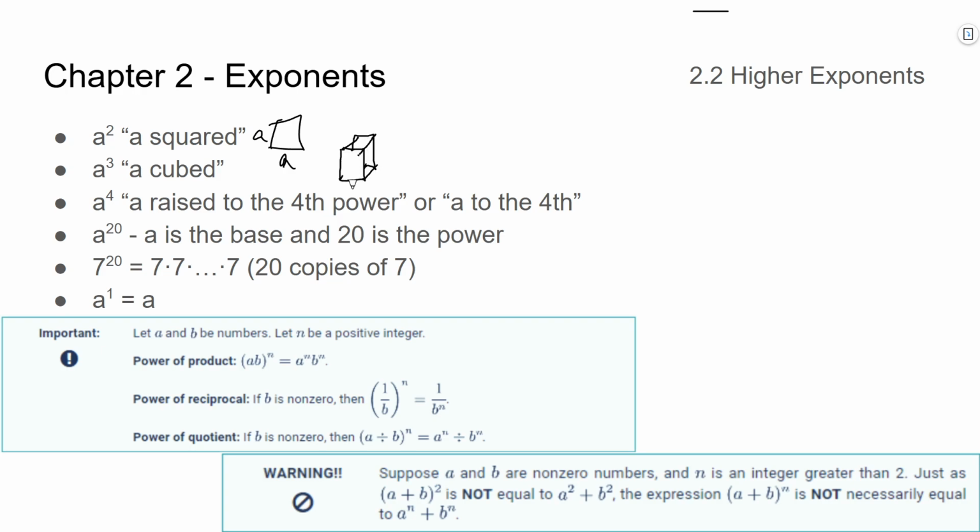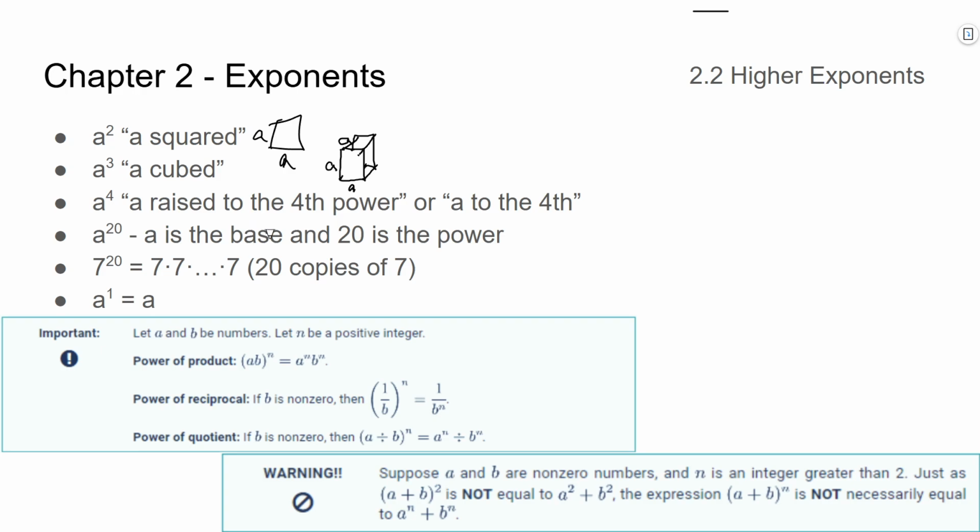And we have a cube, and there's going to be an a by a cube. The base is a, the height is a, and the depth is a. So it'd be a times a times a to get the volume of the cube. So if you've done much with 3D shapes and volumes, then you would already know that it would be a cubed to get the volume of a cube, or a to the third power. So that's why it's called cubed.